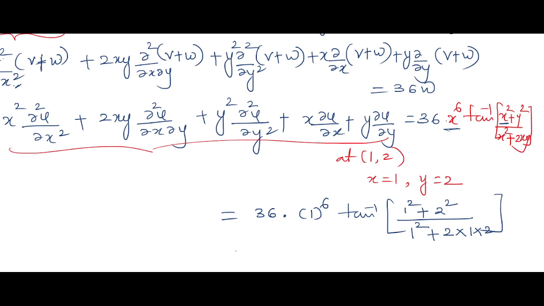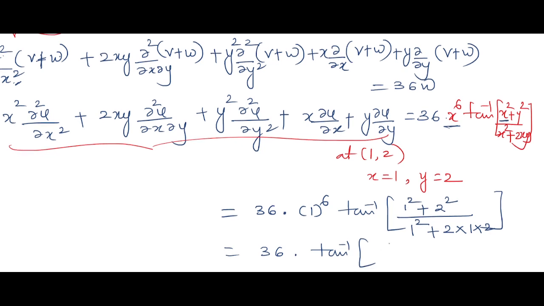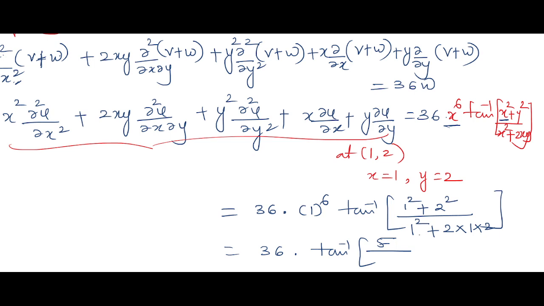So it is 36 into tan inverse of, 1 square is 1, 2 square is 4, so 1 plus 4 is 5, divided by 1 square is 1, plus 2 into 2 is 4, so that is 5.